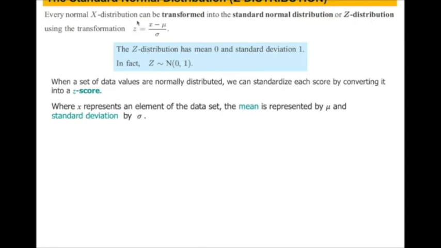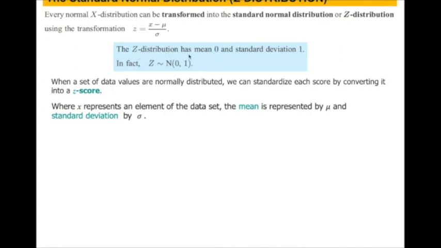This you need to remember. Z is equal to x minus mu over sigma. Mu is the mean, sigma is the standard deviation, and x is just the value. Okay, what about z? We will go through it later as we go along.